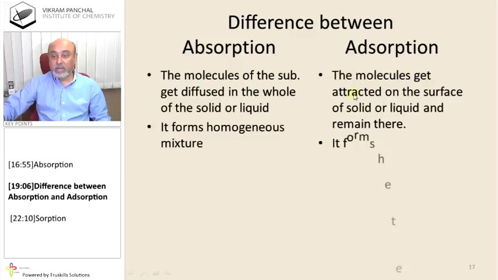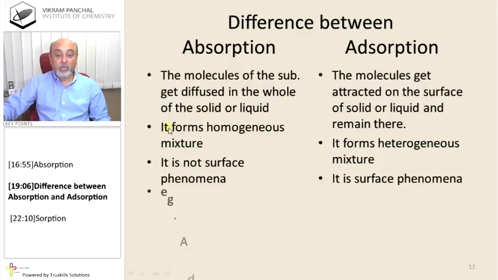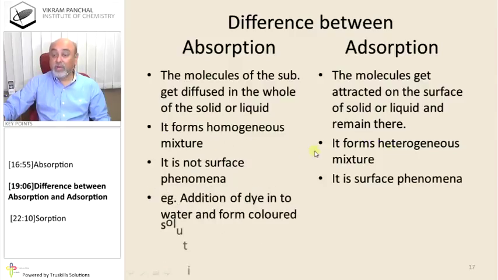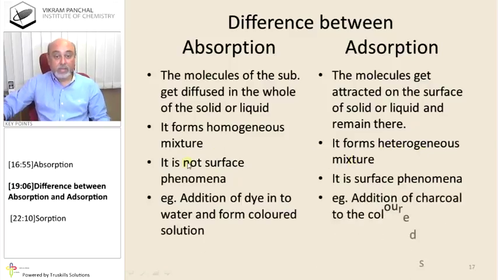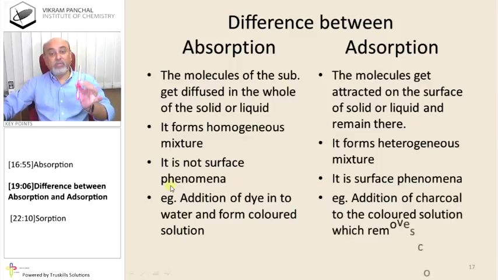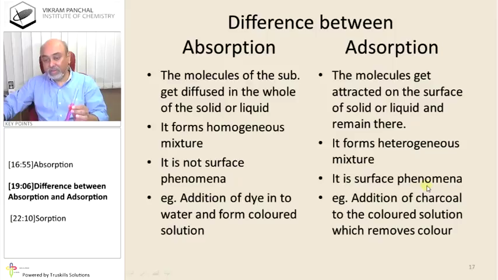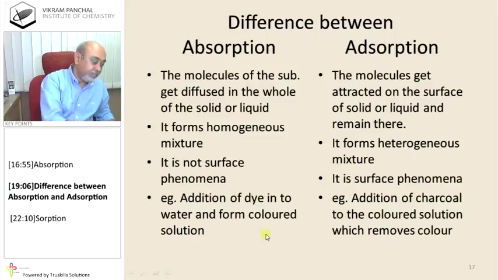When the molecules get attracted on the surface of a solid or liquid and remain there, that is called adsorption. Absorption forms a homogeneous mixture. Adsorption forms a heterogeneous mixture. Why? Because there are two different phases. Absorption is not a surface phenomenon, but adsorption is a surface phenomenon. Addition of dye into water to form a colored solution is absorption.